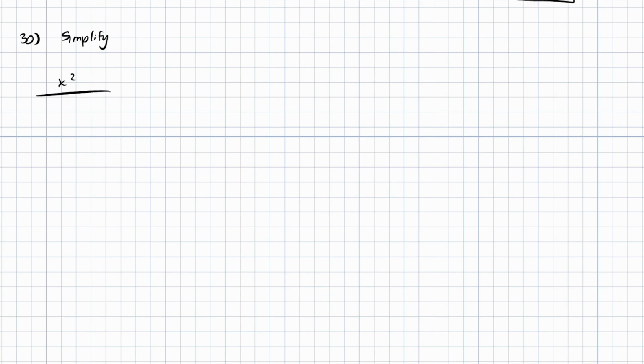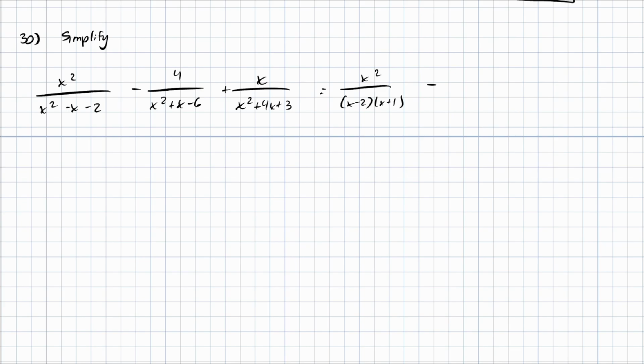x squared over x squared minus x minus 2, minus 4 over x squared plus x minus 6, plus x over x squared plus 4x plus 3. Let's factor this. x squared over x minus 2, x plus 1, minus 4 over x plus 3, x minus 2, plus x over x plus 3, x plus 1.